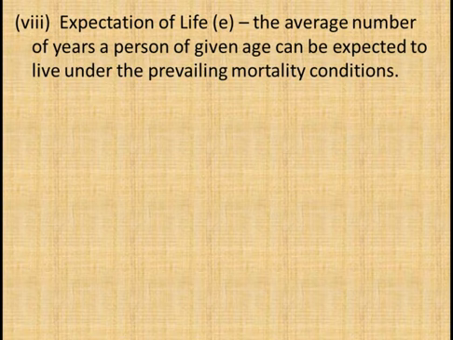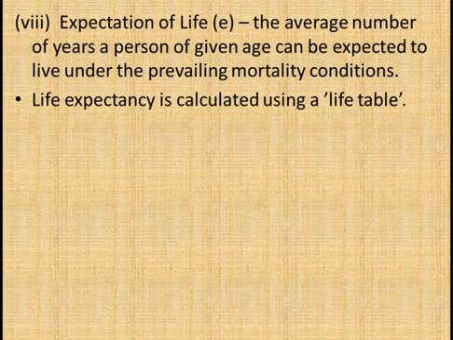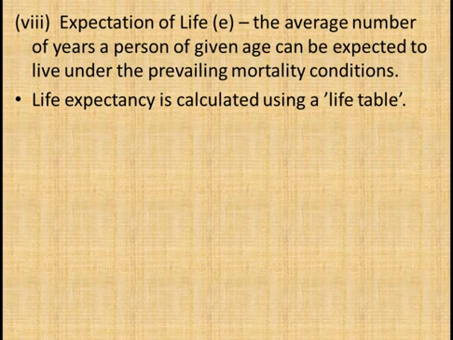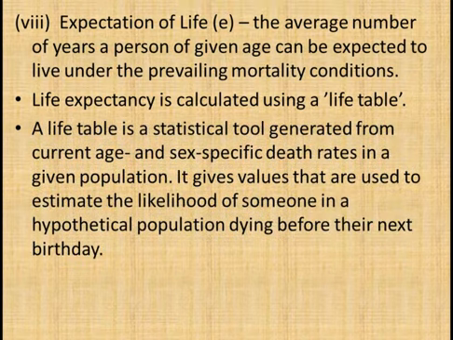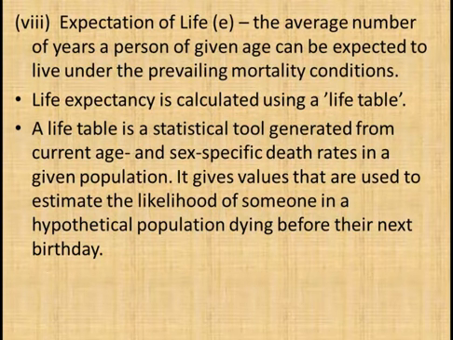Life expectancy is calculated using a tool known as life table. A life table is a statistical tool generated from current age and sex-specific death rates in a given population.